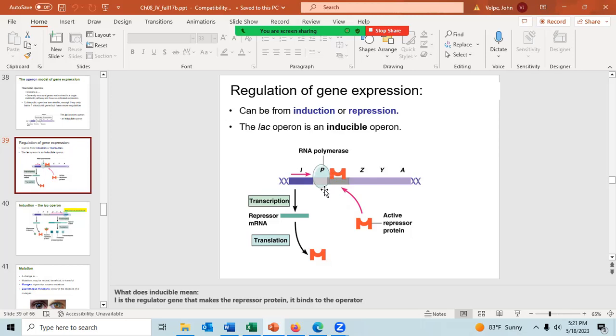The RNA polymerase is also binding to the DNA by a stoichiometric reaction. So every once in a while, the RNA polymerase will fall off, and then it will just bind to another promoter and try to transcribe that gene. And it could bind to the same promoter and be blocked again.